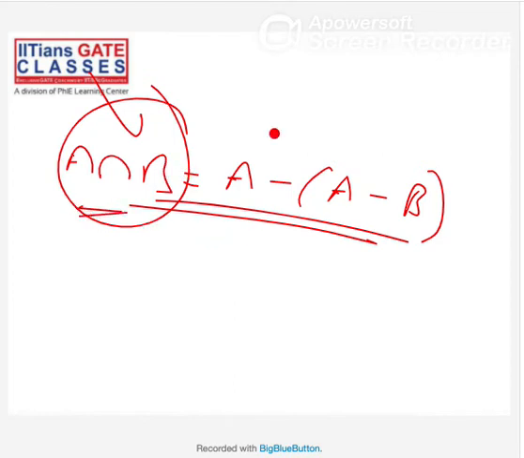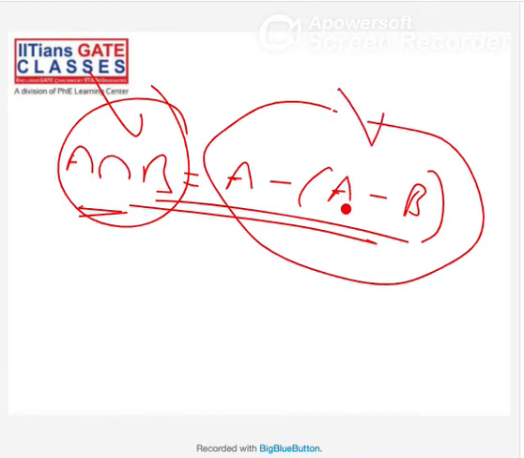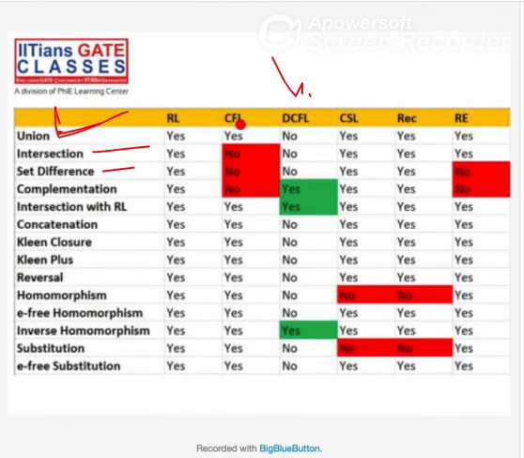So it tells you that set of DCFL are also not closed under set difference. So you can see set of DCFL are not closed under union, intersection, set difference. And other operations like concatenation, reversal, homomorphism.